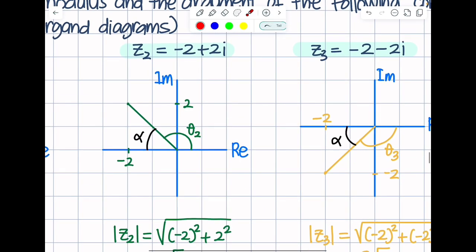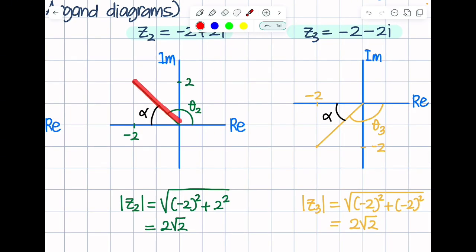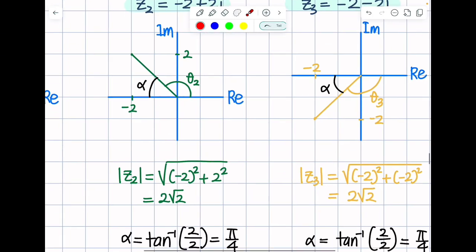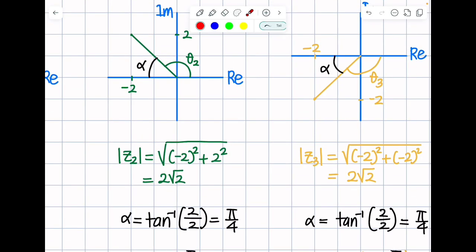To find the modulus, same method, find the length of z2, square root of negative 2 squared plus 2 squared, and then we get 2 root 2. And for the argument, first find the smaller angle in here.